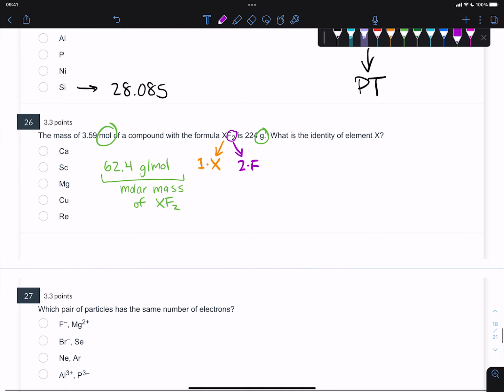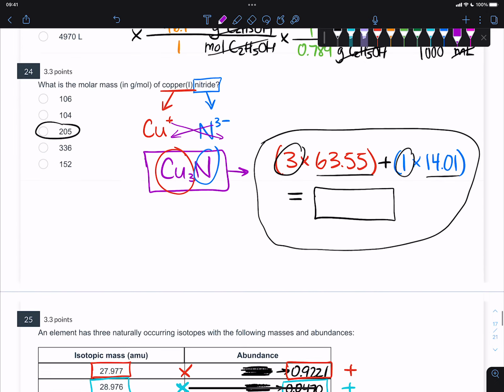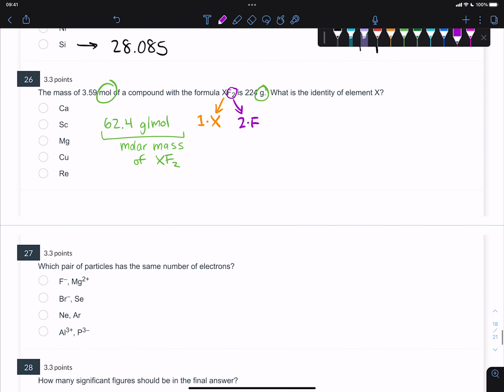Based on what you know about how to calculate molar mass, as we just reviewed, you can set up an equation for the molar mass calculation. You actually know the molar mass. That's really helpful. So let's block this off, and then let's set it up.